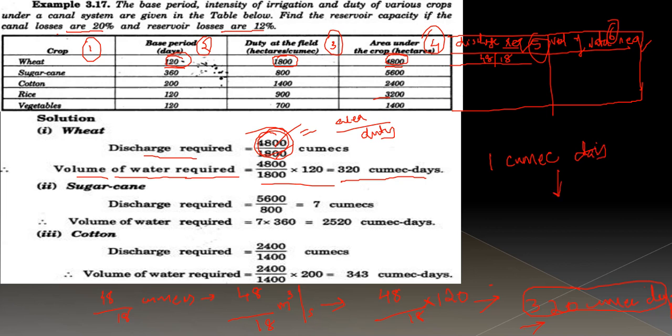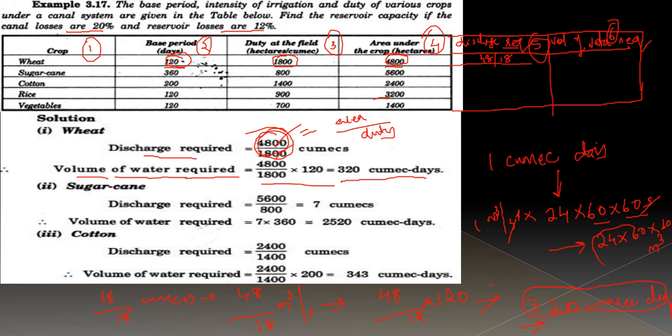means it is the volume of water you will be getting if we provide 1 cumec for an entire day. If we convert that to meter cube, it will be 1 meter cube per second into 1 day converted to seconds, that is 24 hours into 60 into 60 seconds. The seconds cancel, and you will get the value as 24 into 60 into 60 meter cube.